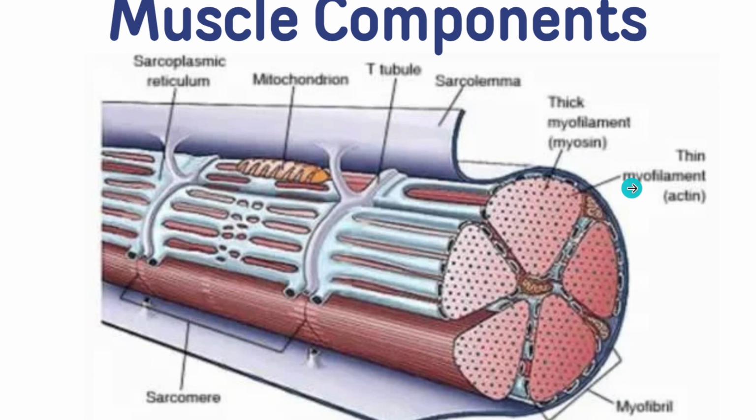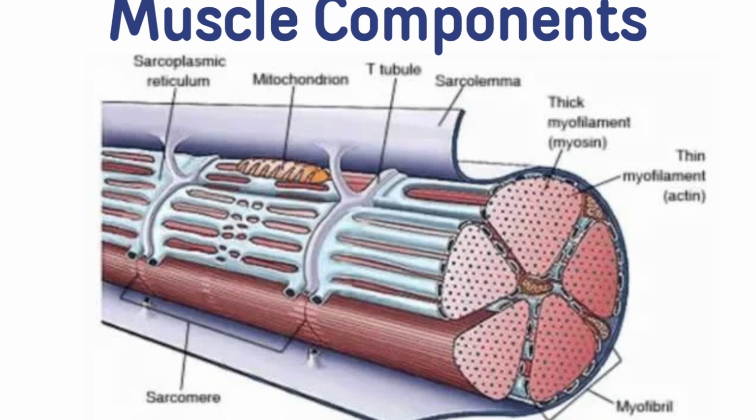So myosins are the thicker ones, thick myofilaments, which are protein strands, and we have thin myofilaments, which we can remember by: actin is thin. Yeah, I collected that from Amoeba Sisters or something.